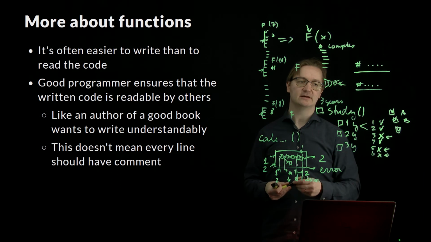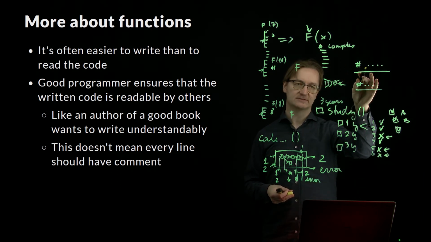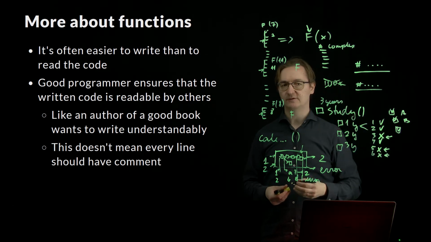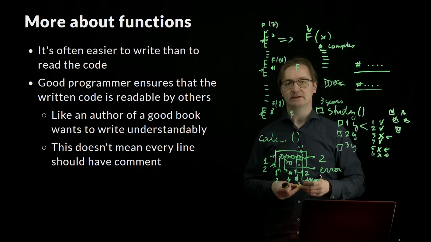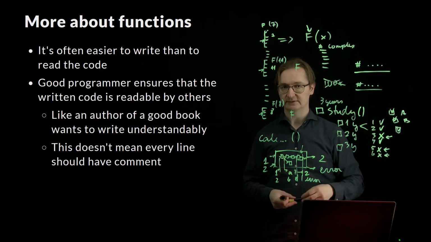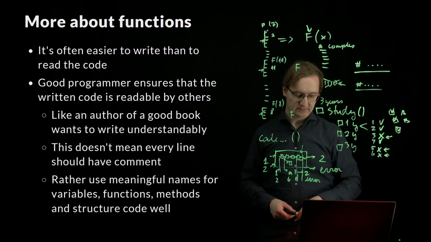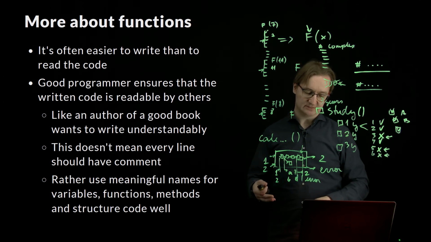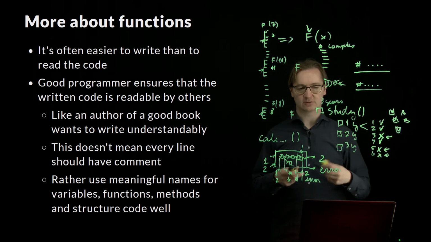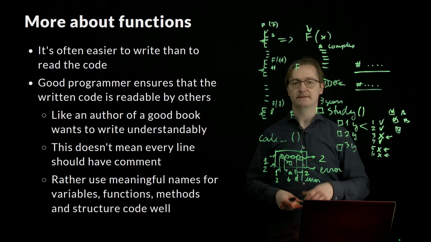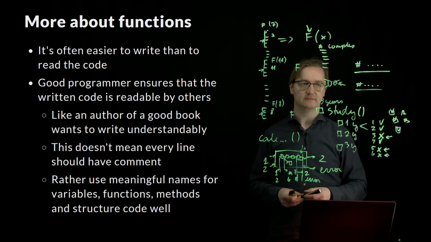If you use meaningful function names and meaningful variable names, you should be able to do that without comments. So instead of writing comments, try to structure your code well and have meaningful names for your variables and so on.